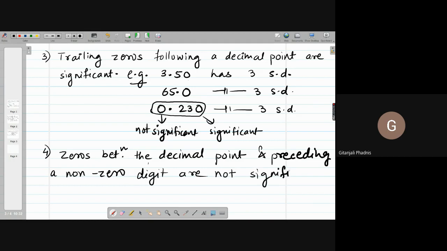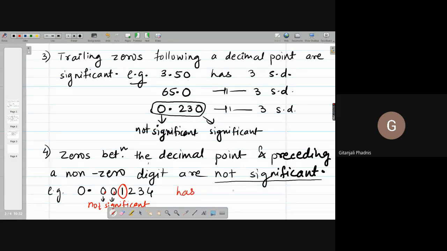Not significant means what? For example, if I have 0.001234, these two zeros are occurring between the decimal point and this non-zero digit 1. So these two zeros are not significant. So how many significant digits does this number have? 4. Yes, it has 4 significant digits.